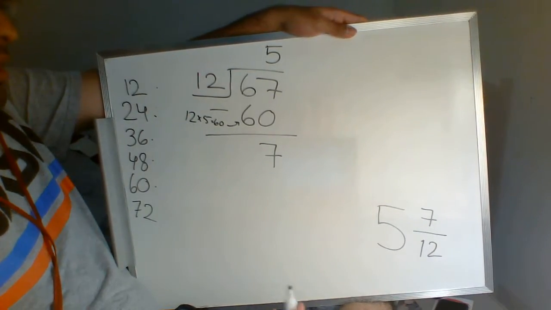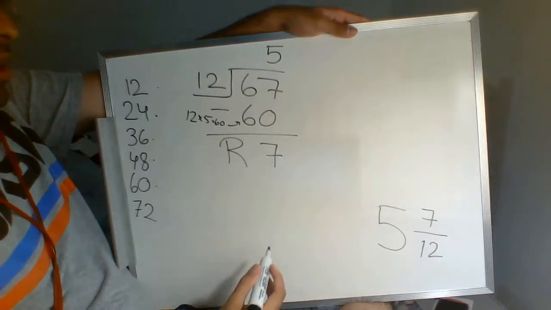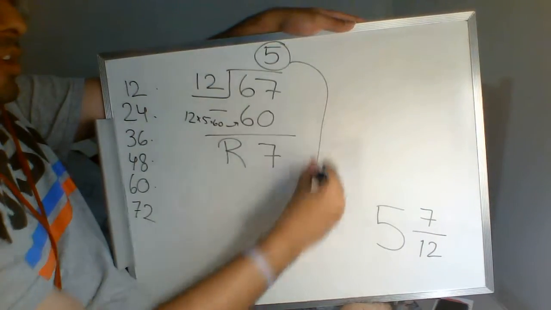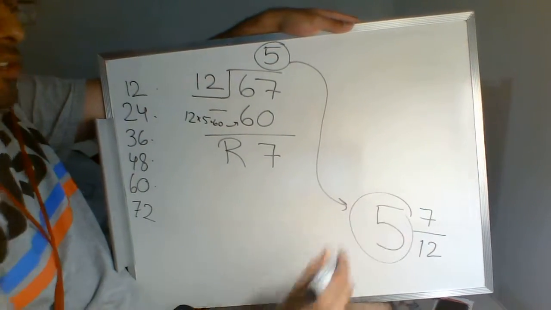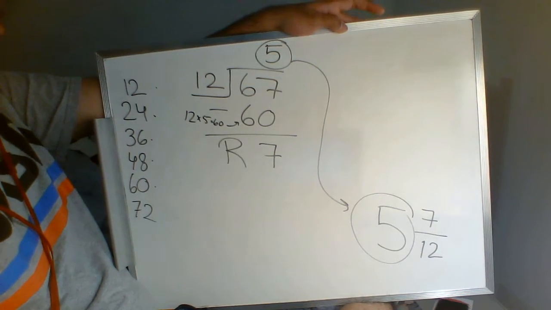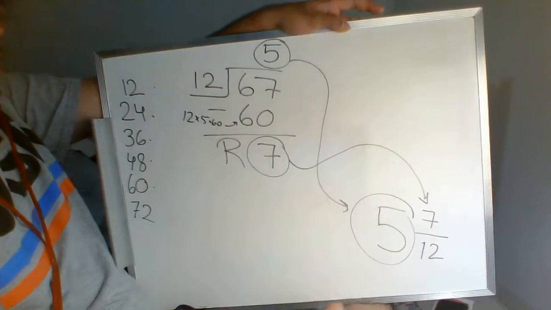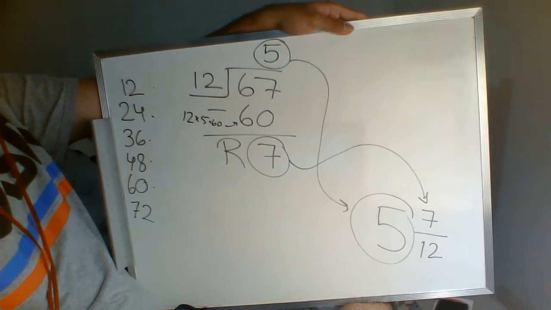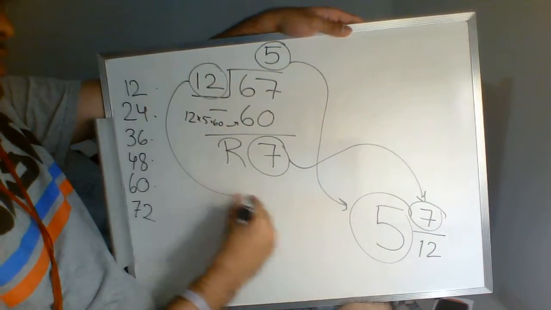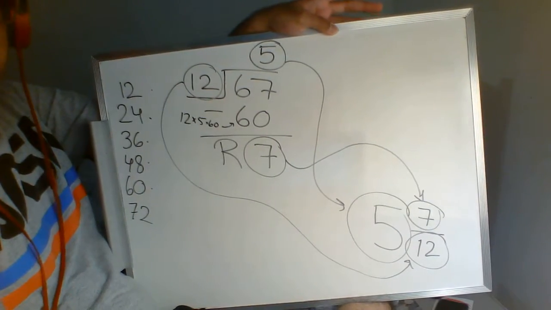Or what we can do instead is say that we've got this remainder, right? Our quotient is 5, our remainder is 7, but our quotient of 5 is the number of whole pizzas that we can make out of 67 twelfths of a pizza. Our remainder becomes our numerator in our mixed number, and our divisor, the 12 that we started with, just comes along for the ride and becomes our denominator.